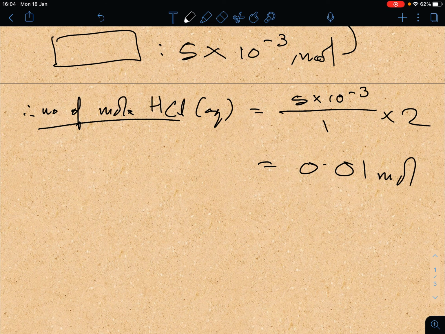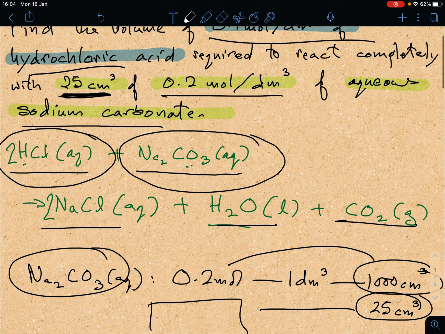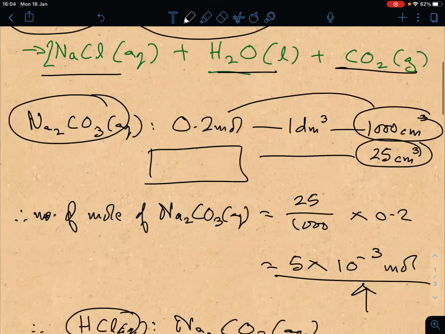After that, what else can we proceed with? We were given the concentration of hydrochloric acid, 0.1 mole per cubic decimeter. So we make use of this.